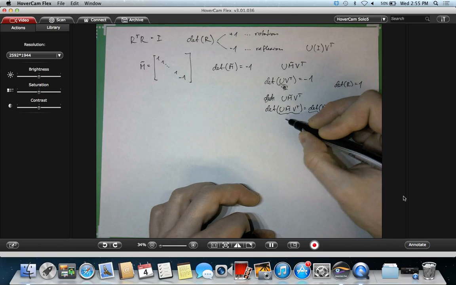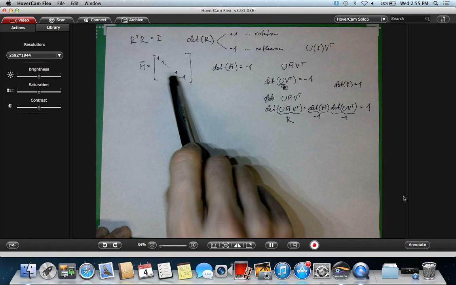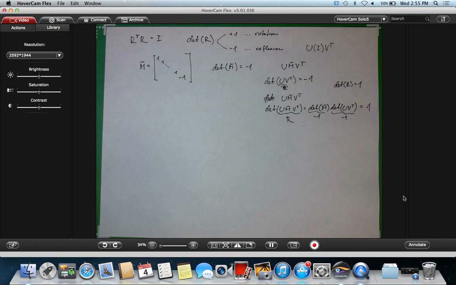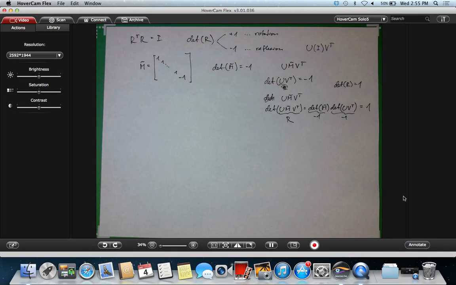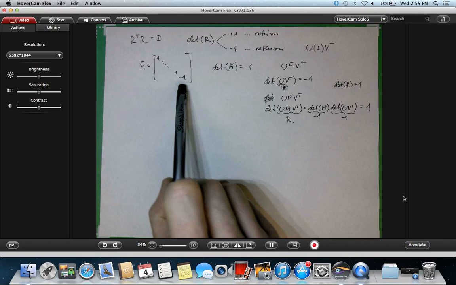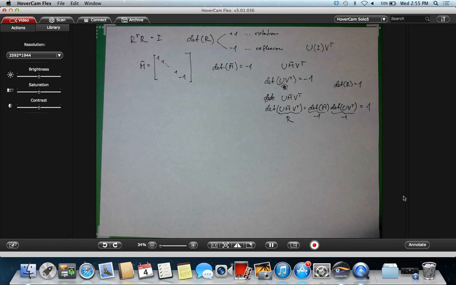So this is my R. Okay, it's not a complete explanation of why exactly this is the optimal M. It's a little bit more complicated, but this is the answer, and sort of intuitive. You somehow need to fix the negative determinant. The way you fix it, you just flip the smallest component there. Okay.